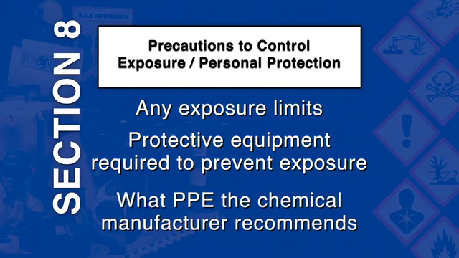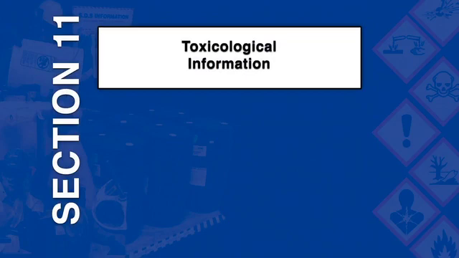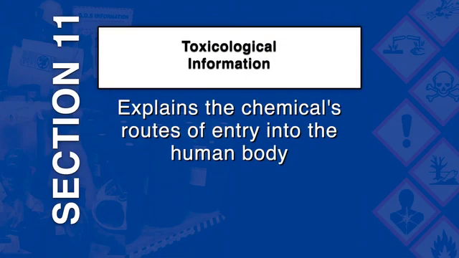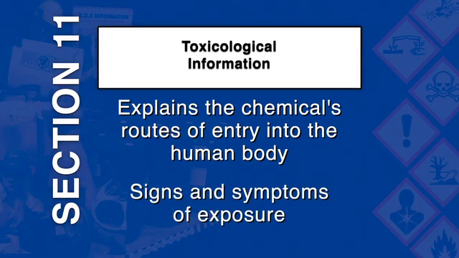This important section is where workers can look to see what PPE the chemical manufacturer recommends. Section 11, Toxicological Information. This section explains the chemical's routes of entry into the human body, as well as the signs and symptoms of exposure to the chemical.